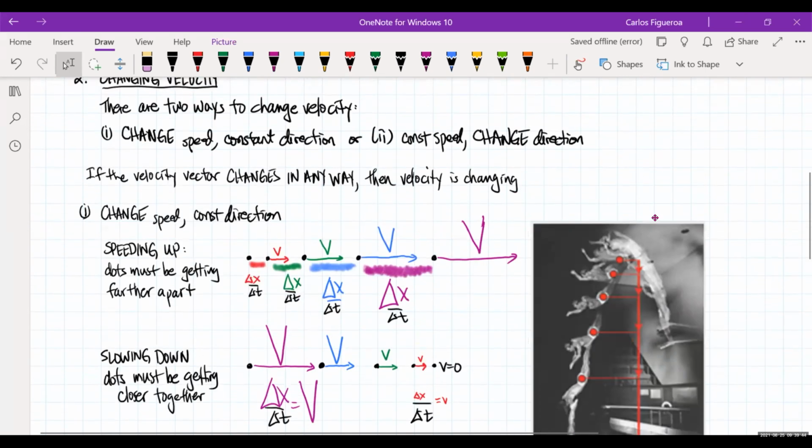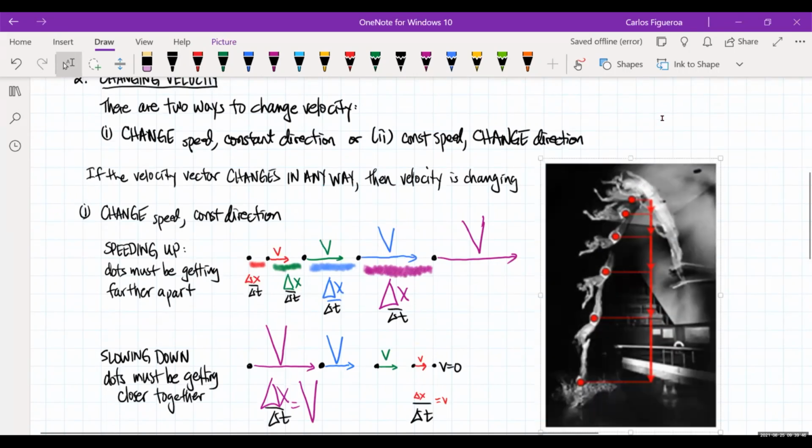What I did here in this image is I went ahead and I tried to put red dots of this diver right where his waist is at. And so what you're seeing here, if I look at the dots as they're moving down, look at the spacing here.